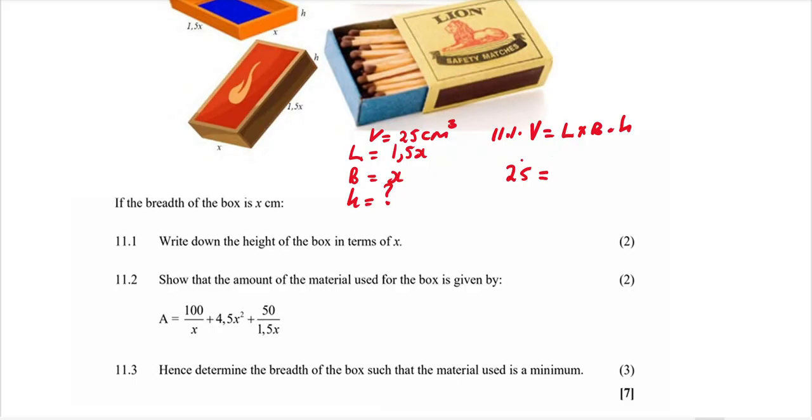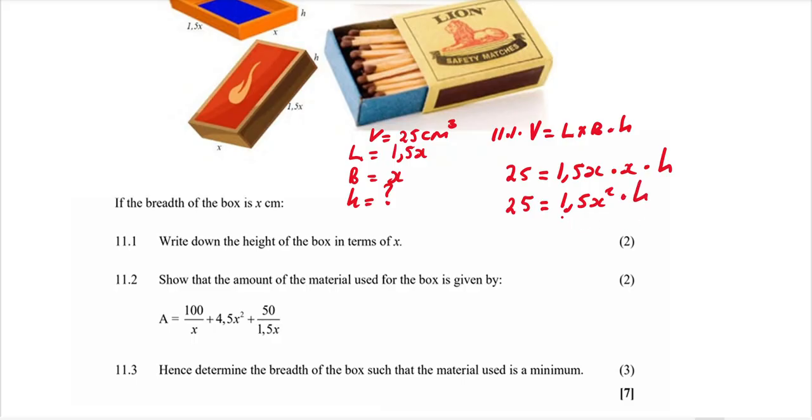Your L is 1.5x, your B is x, and then what about your H? We don't know our H, we are looking for H right now. So the same as 25 equals 1.5x squared multiplied by H.